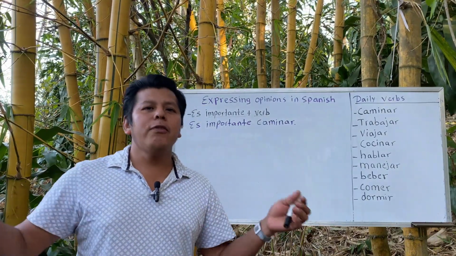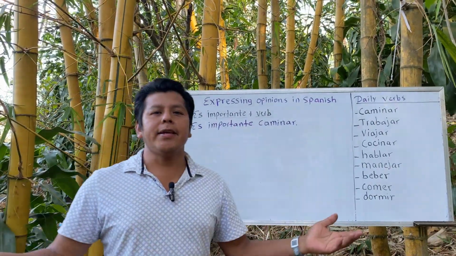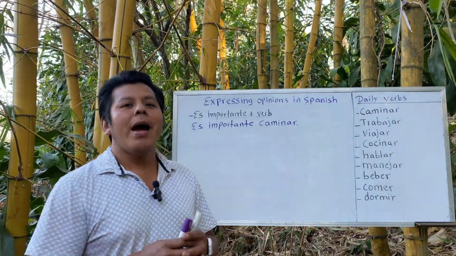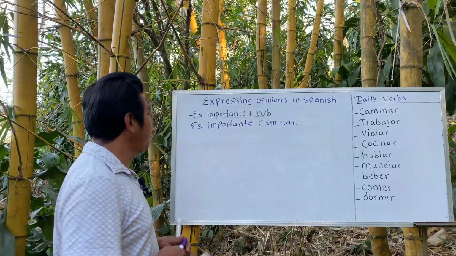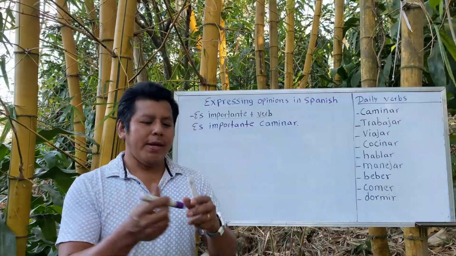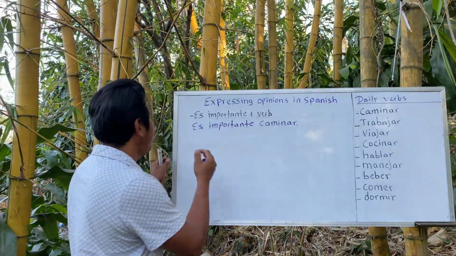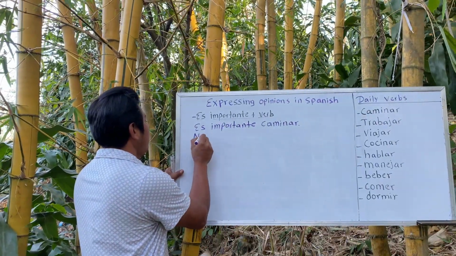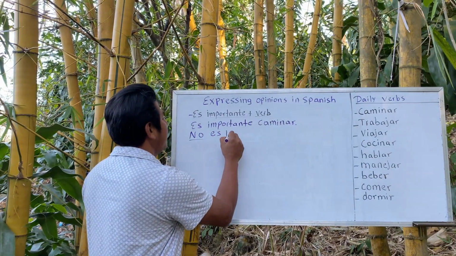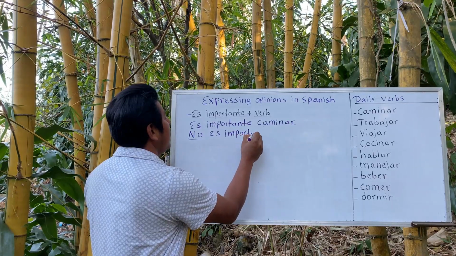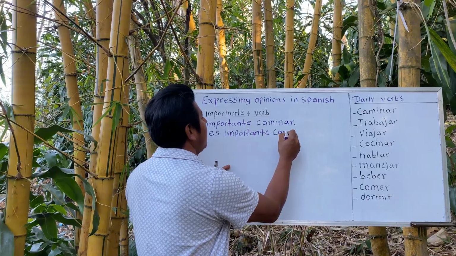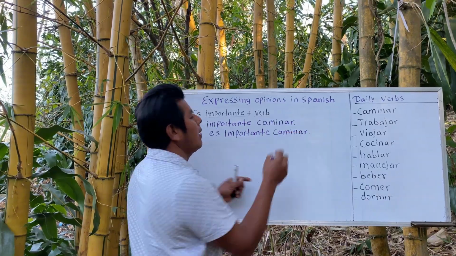But what if you want to express this in negative? If you want to disagree with someone, how would you say that in negative? So it's very easy. We only need to add something. For example, no, no es importante caminar.